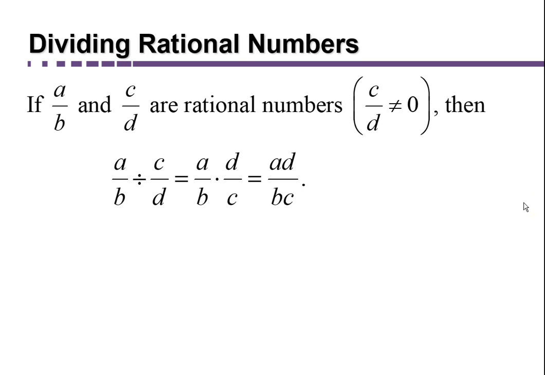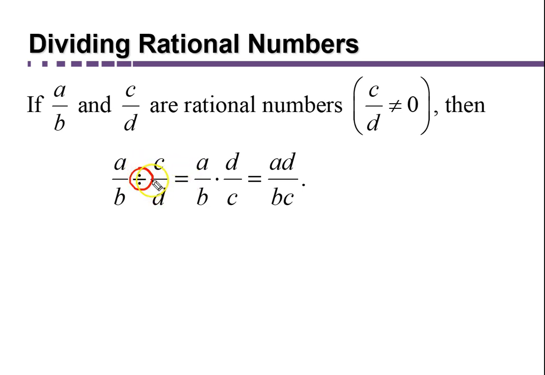And we'll illustrate it here using the letters, and then I will illustrate it using an example. And this is what you'll want in your notes. So here we're saying a over b divided by c over d. Notice this is not multiplication, this is division.